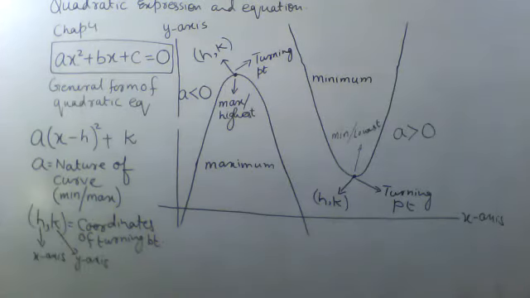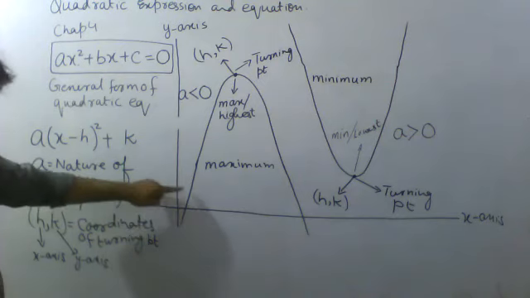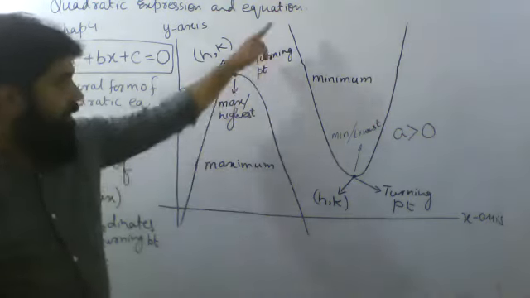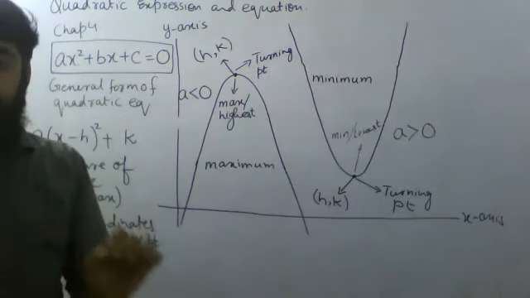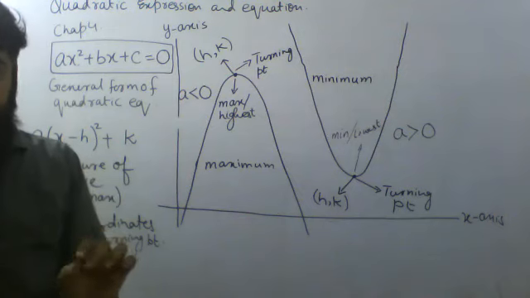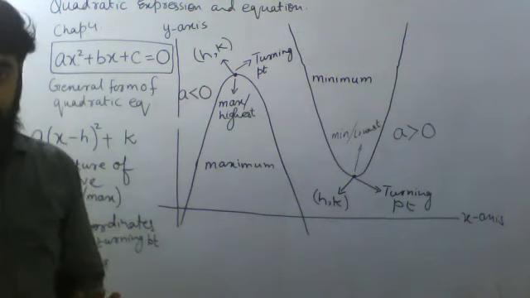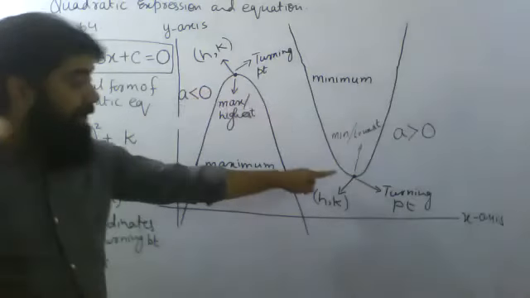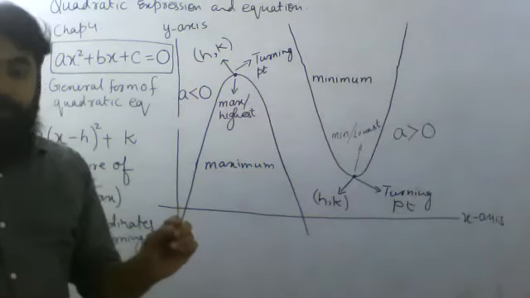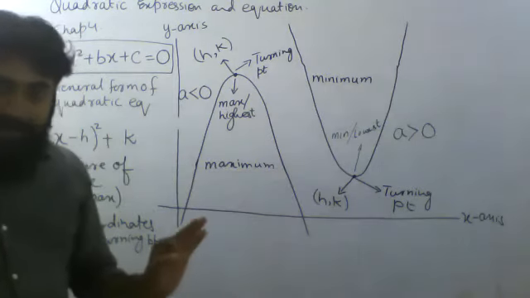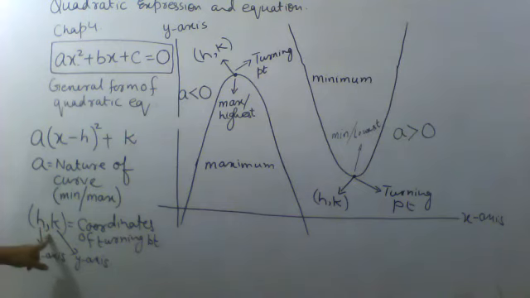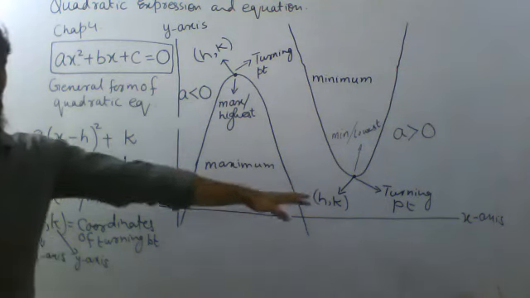Basically, beta, every point on this curve, either over here or over here, has coordinates which will always be represented in the form of x and y. But the turning point is important. The turning point will tell you what kind of curve you are going to have. That's why for the turning point we have another set of representation, which is h and k.